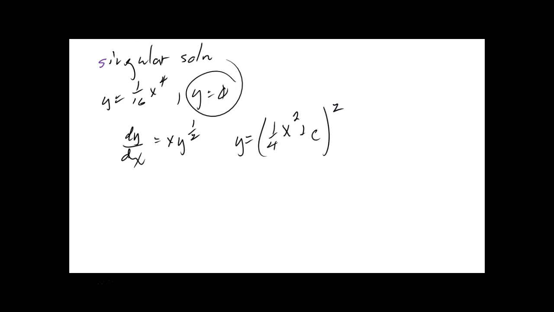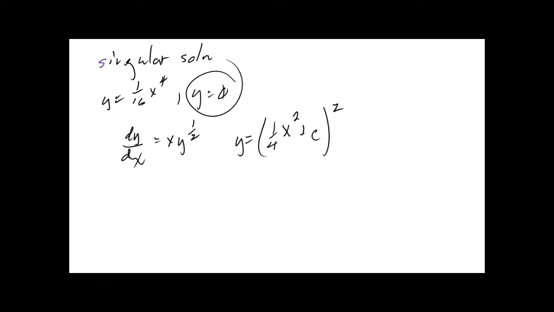We're not there yet, but we saw this is a solution. This solution is one particular solution of this, where c is equal to 0. That will give you exactly that.